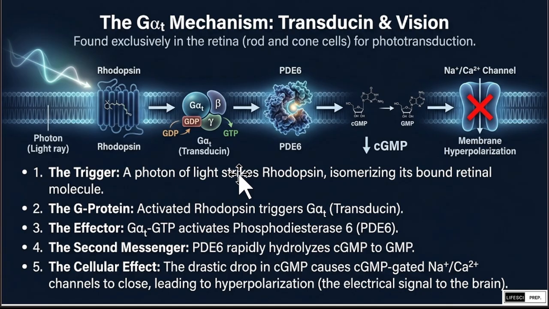It acts on cGMP and converts it to GMP, and that causes the sodium calcium channel to inactivate, and due to that hyperpolarization occurs.